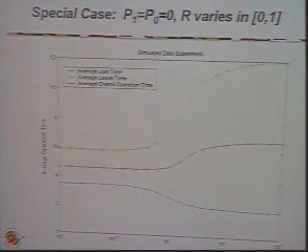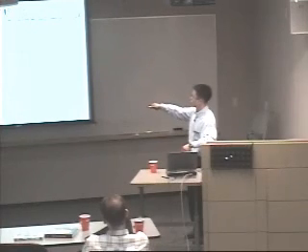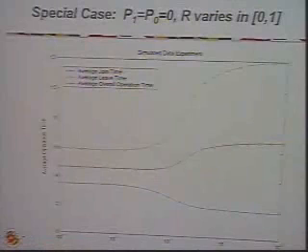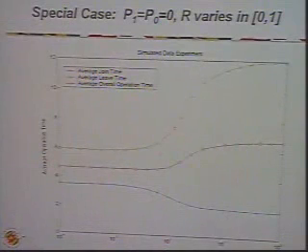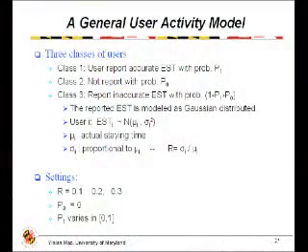When R is smaller than 10 to the power of minus 2, we get the same result. This kind of inaccuracy can just be ignored. When R becomes larger and larger, the average leave time grows very fast. The average join time doesn't change that much.